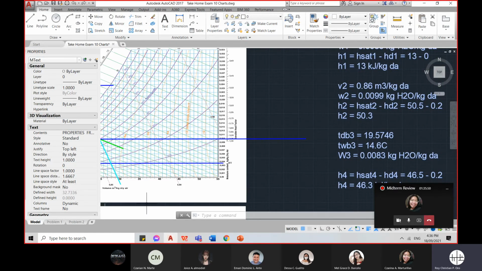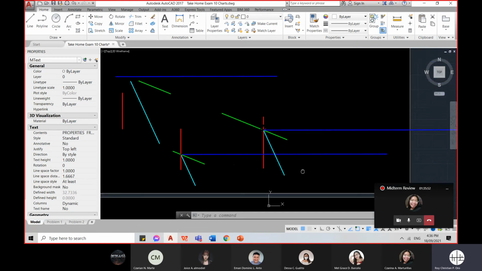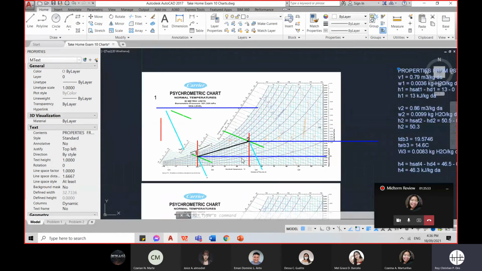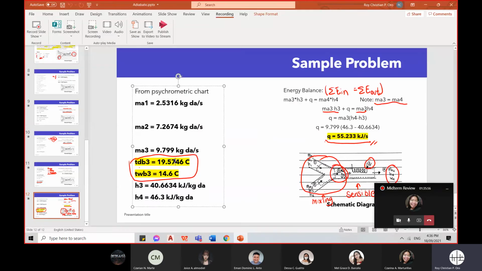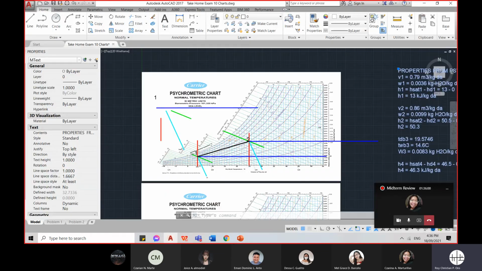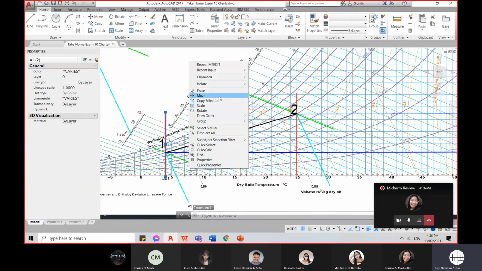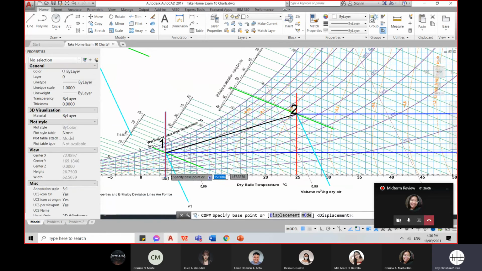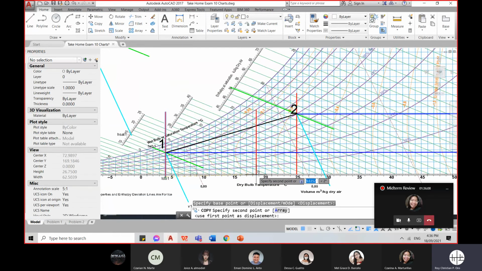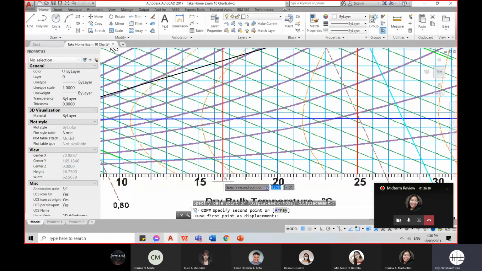So now we know nga ang temperature sa state 3 is 19.57 or ato lang i-estimate, i-round up na to. So 19.6 degrees Celsius. So what we will do is just to get so kuha tag red nga line since mao man ang represent sa temperature, then we go to 19.6. So 15, 16, 17, 18, 19.6.